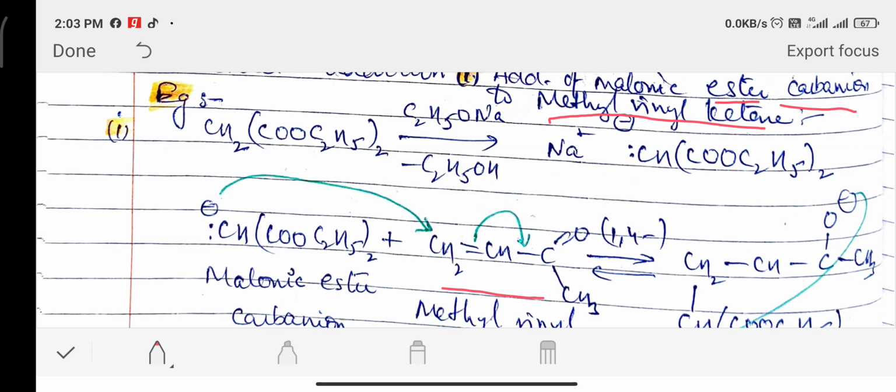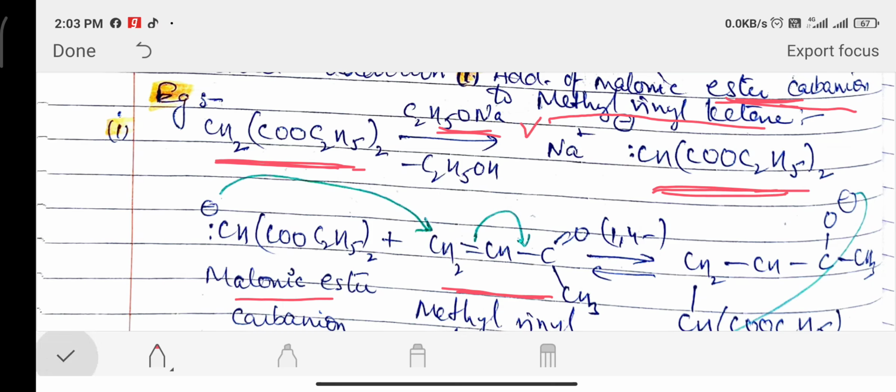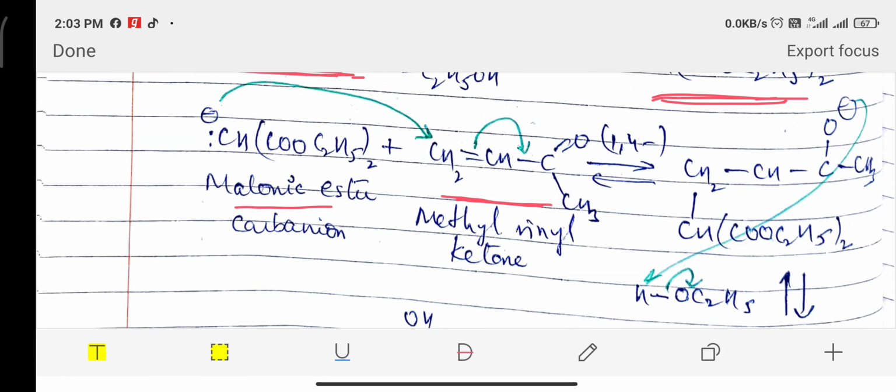In this, for the addition of the malonic ester carbanion, first the carbanion will be formed. This is the malonic ester carbanion, formed from this malonic ester with sodium ethoxide. In the presence of sodium ethoxide it gives this carbanion, and then this carbanion attacks the methyl vinyl ketone as shown here.